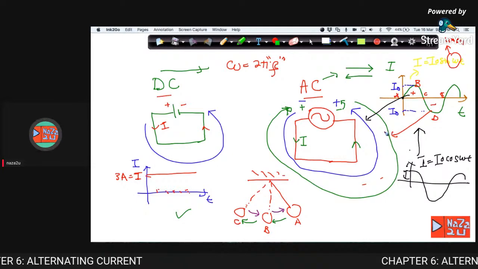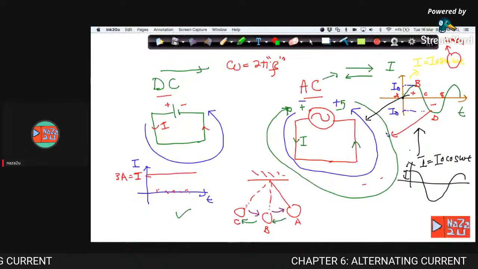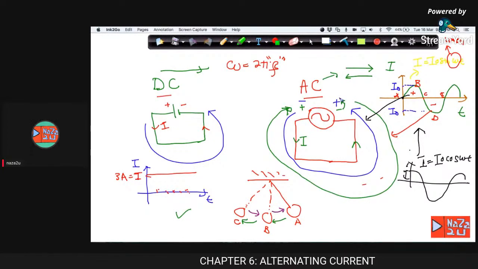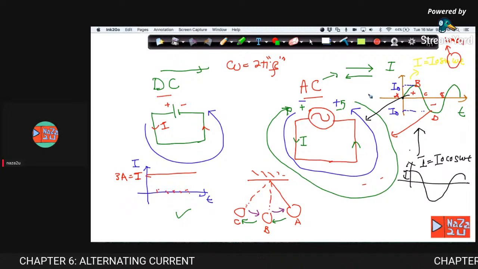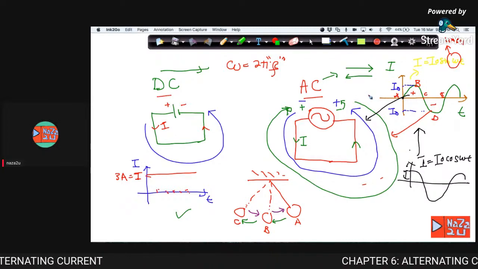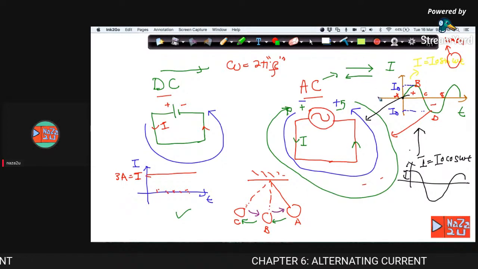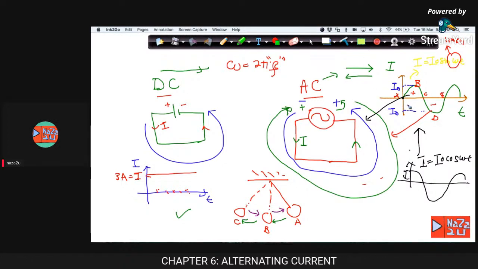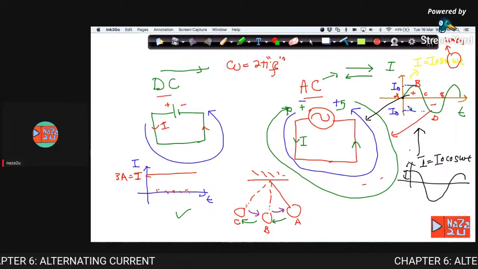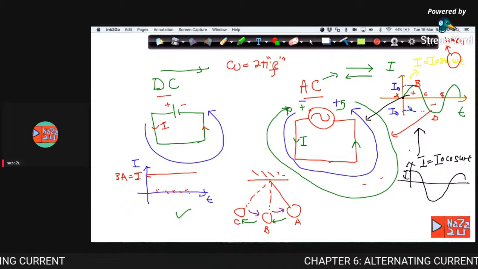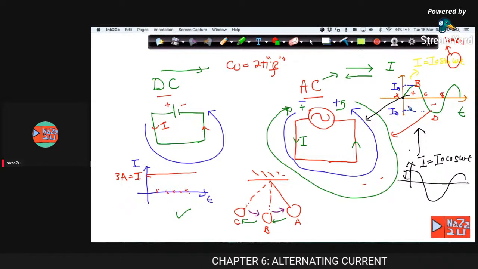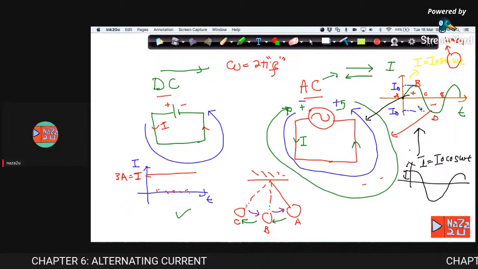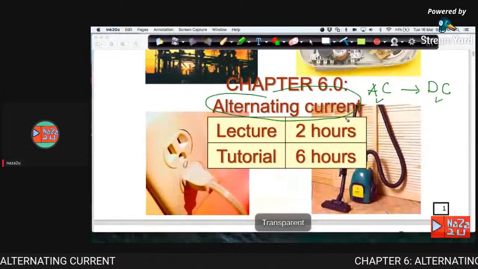Okay. So this is bagaimana kita nak pengenalan perbezaan di antara direct current dengan AC current, direct current and alternating current. Okay. So seterusnya kita teruskan lagi. Untuk yang seterusnya kita tengok kembali kepada nota ya.